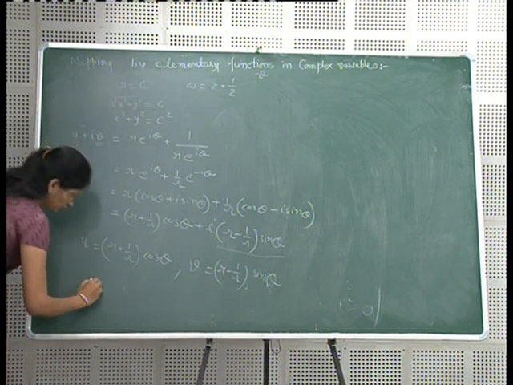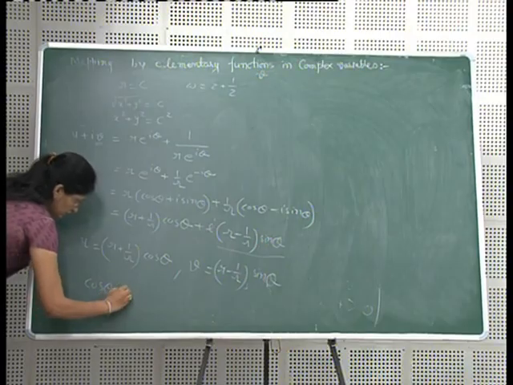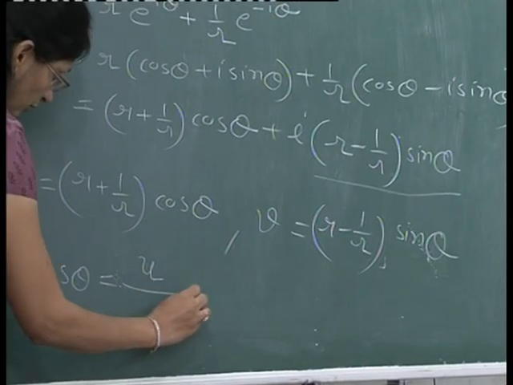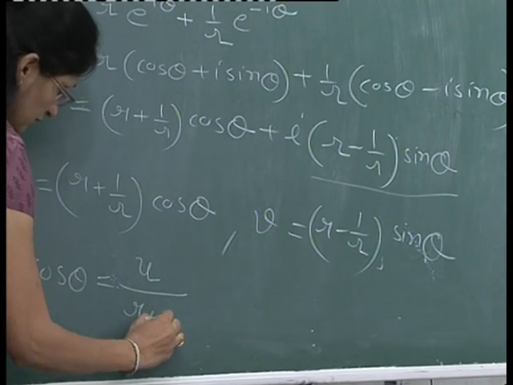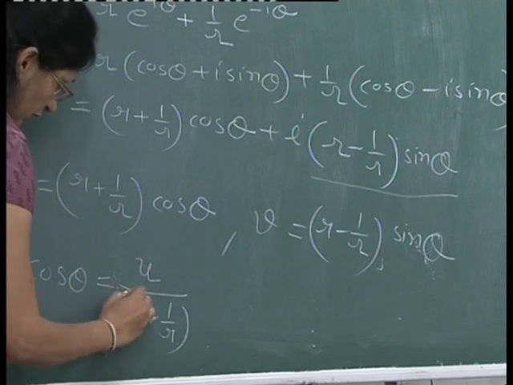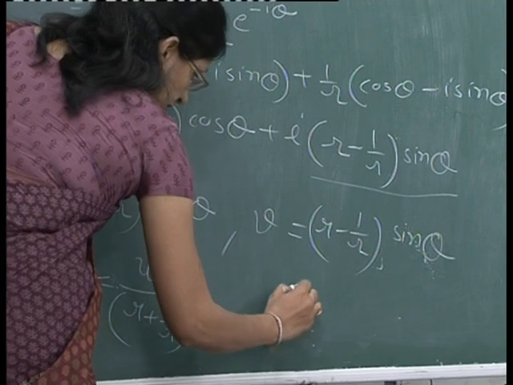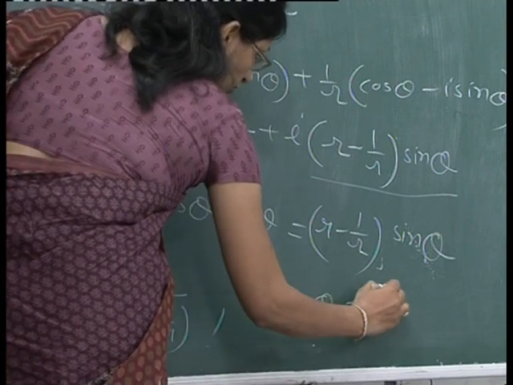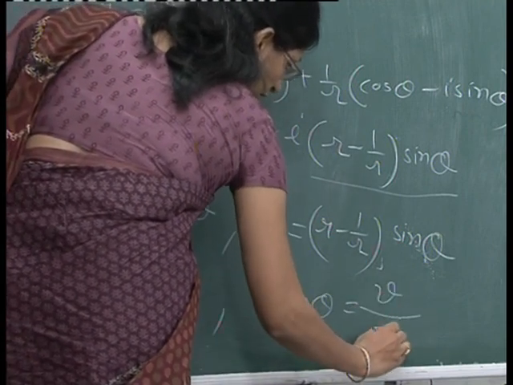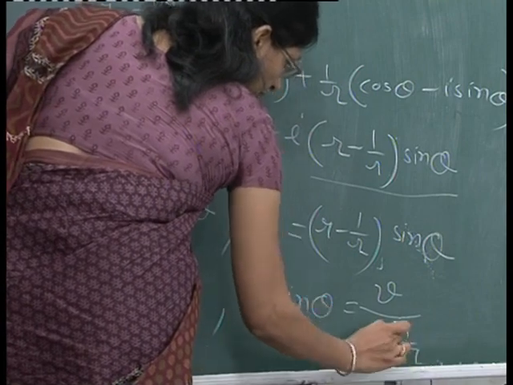And so from these two equations, what is the value of cos theta? Cos theta is equal to u upon (r plus 1 upon r), and sin theta is equal to, from this equation, v upon (r minus 1 upon r).